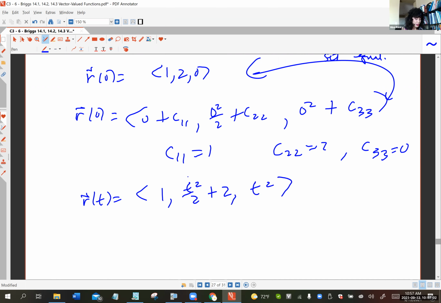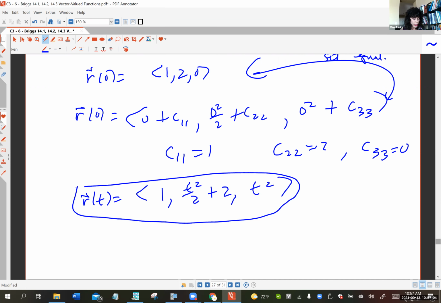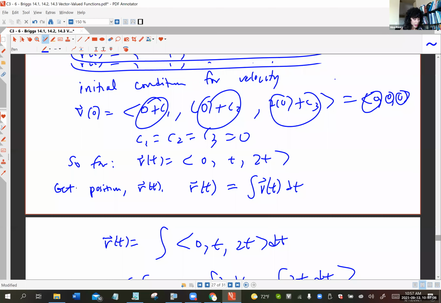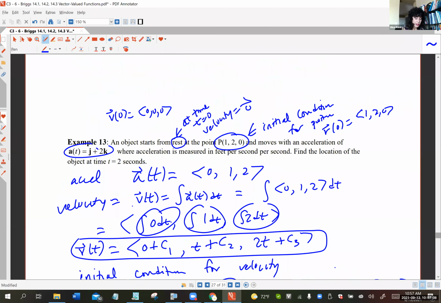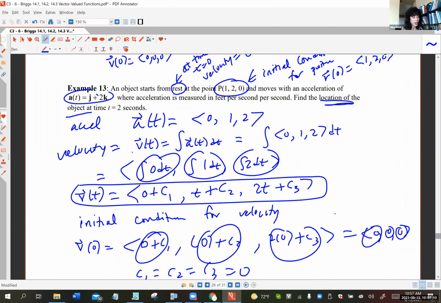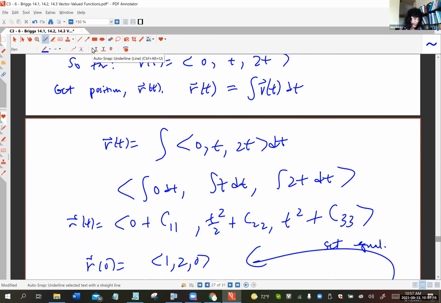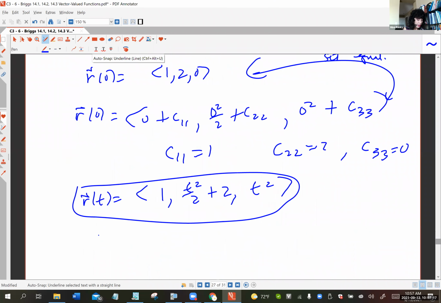Now, I'm not answering the question yet, because the final question for this word problem, let's go back up there, was to find the location of the object when time t was 2 seconds. So you're going to finish out the problem. The position at time t equals 2 seconds is R evaluated at 2.